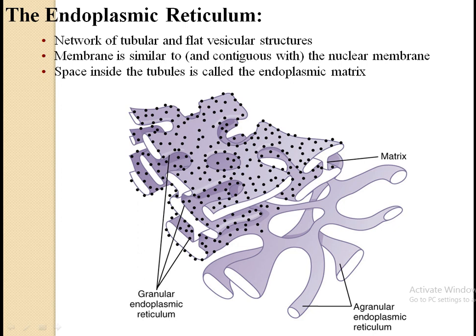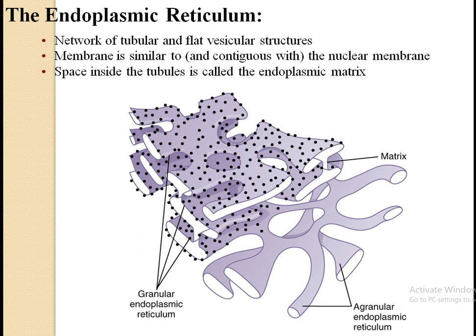So the endoplasmic reticulum is of two types: the granular endoplasmic reticulum and the agranular endoplasmic reticulum. Granular is shown by all these black dots, which are actually the granules present over the endoplasmic reticulum.